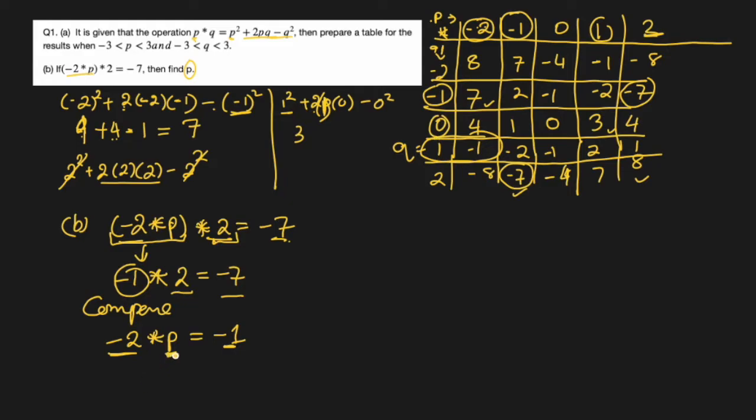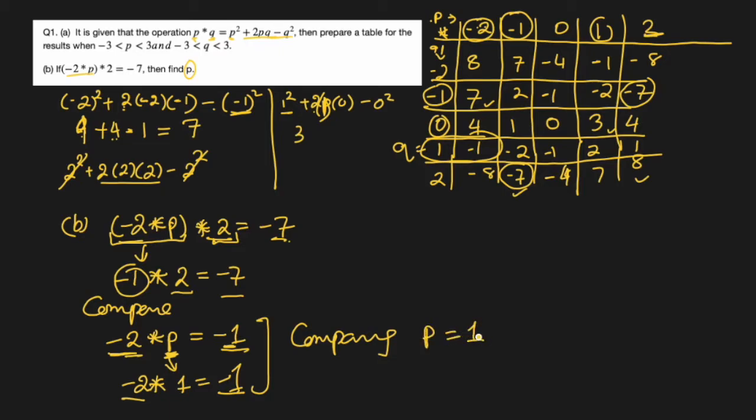That Q becomes P because Q is the second number, right? And that's why negative 2 star 1 is negative 1. And again compare these two, we see that negative 1, negative 1, 2, negative 2, negative 2. So P is 1. This is how we can answer this question.